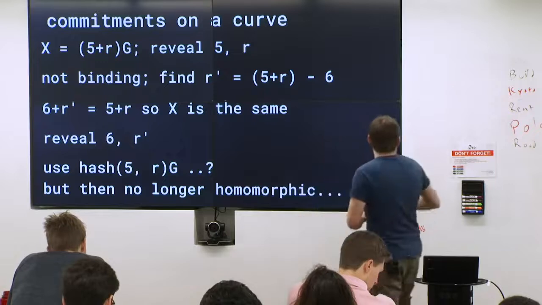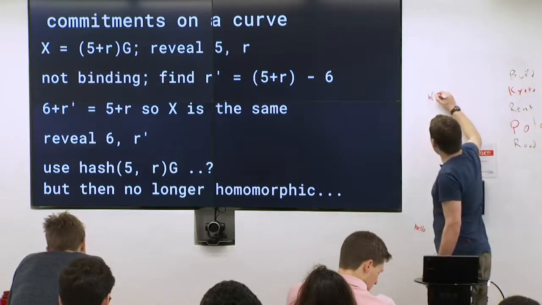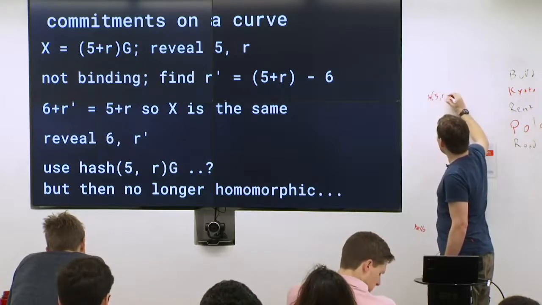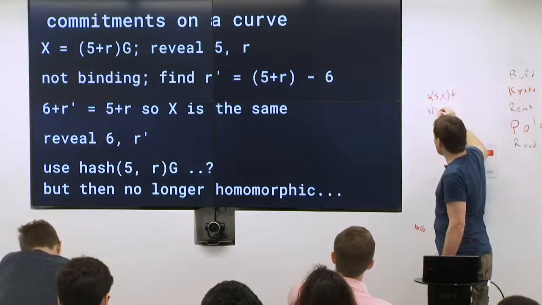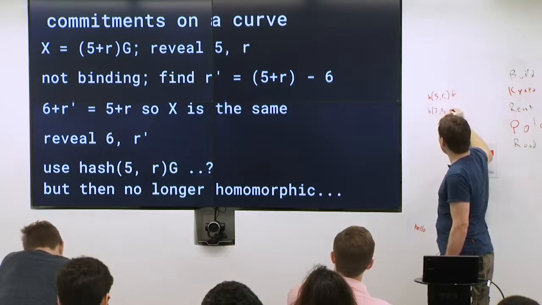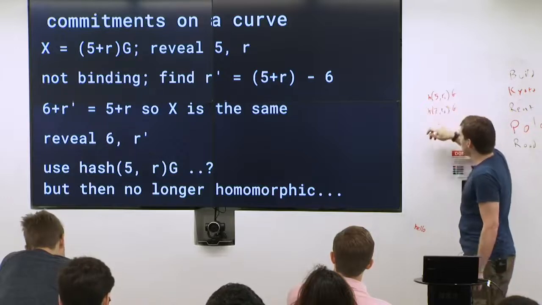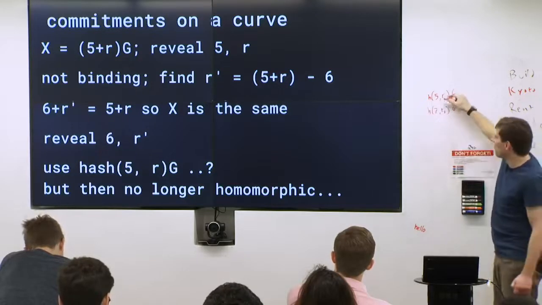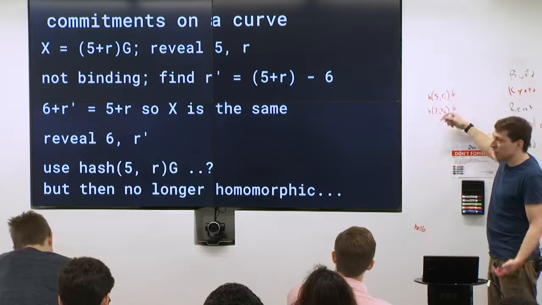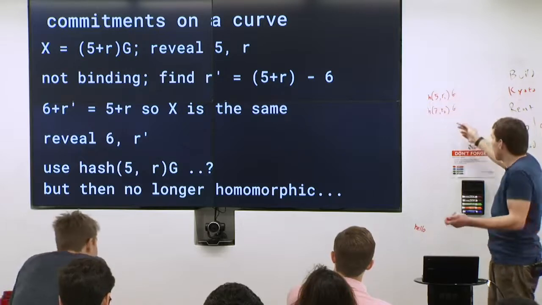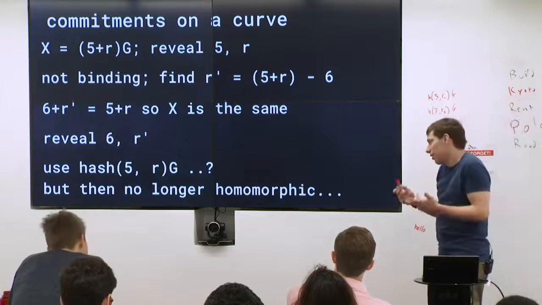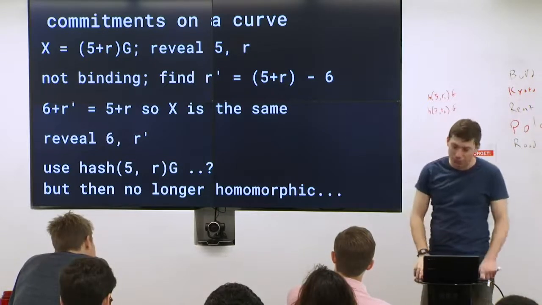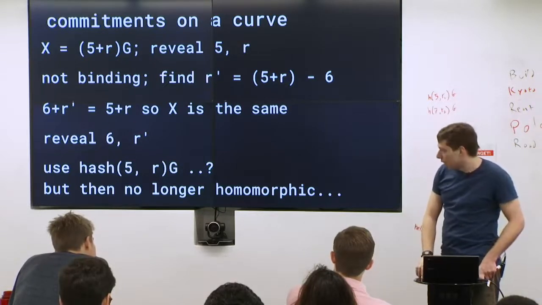So if I have the hash of 5 and r1 times G, and then the hash of 7 and r2 times G, I can't add these anymore and then have the 5s and 7s add up to 12, or it won't work because now it's a hash. And now I've just got these hashes adding, and you don't really get any meaning there. So that doesn't work either. So we're stuck.